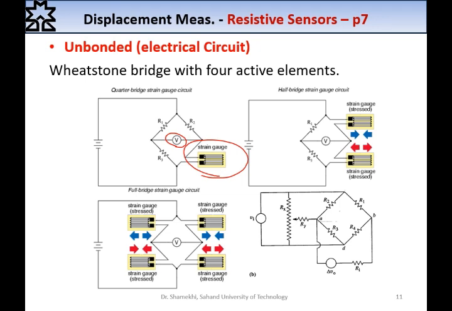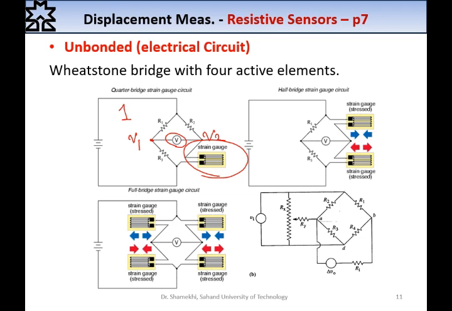Let us measure the voltage and the effect of the number of strain gauges inside the bridge. In the first simple structure, as you can see, we have a fixed voltage here. The voltage here V1 and here V2.